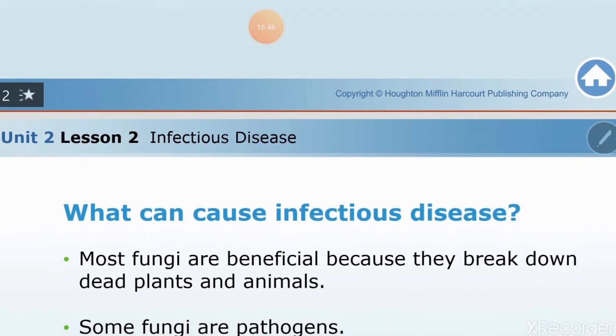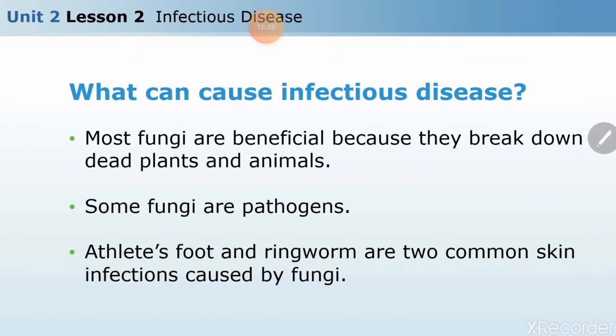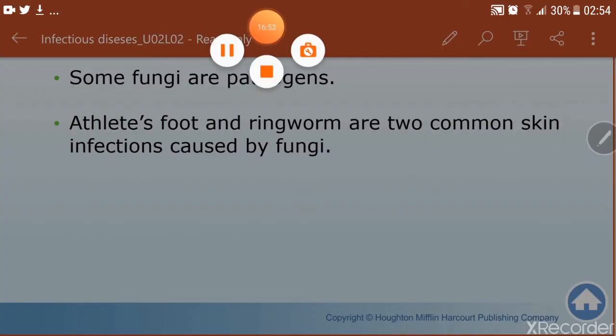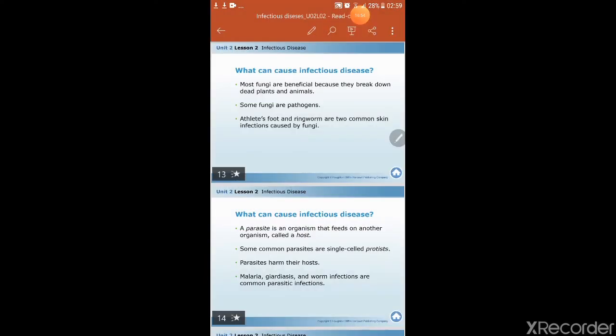Next, here we are going to talk about the fungal infection and about the parasites. Now, fungal infections are infections that are caused by fungi. Okay, mostly, as what we learned, the fungi are useful. Why?